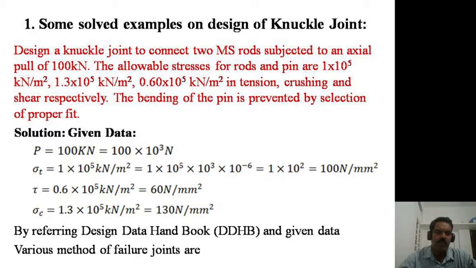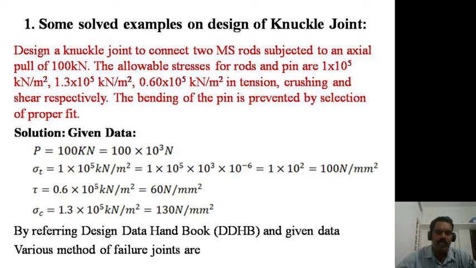Here is one more problem that I am going to solve in this session. The problem is: design a knuckle joint to connect two MS rods subjected to an axial pull of 100 kN.